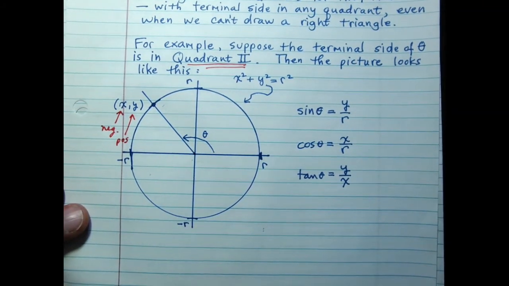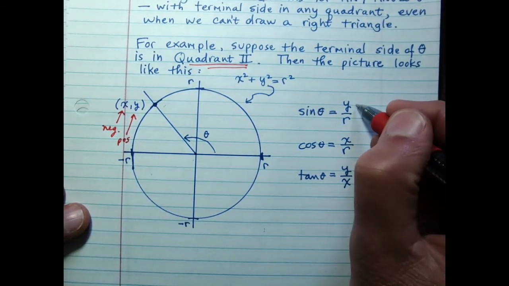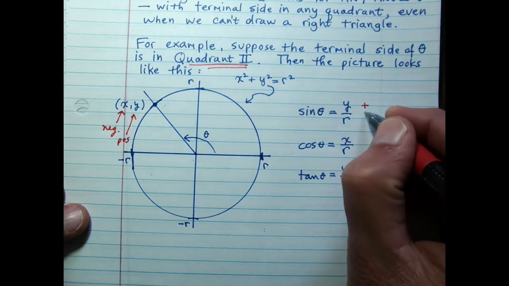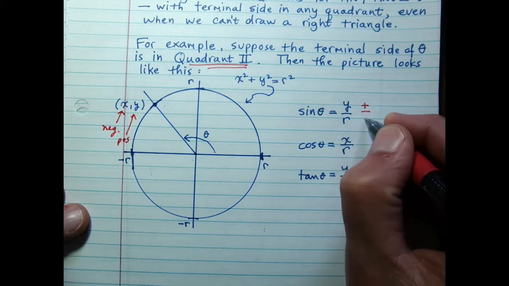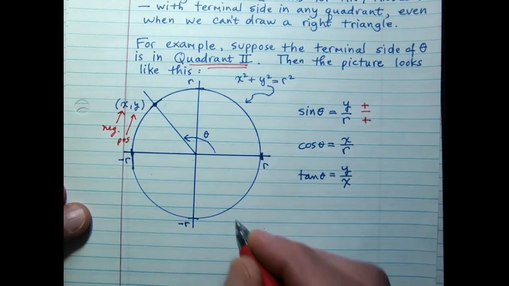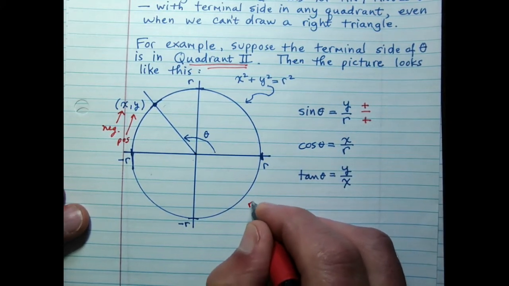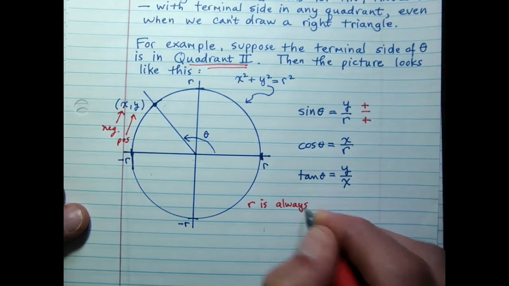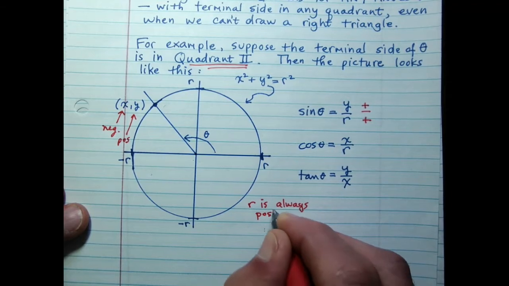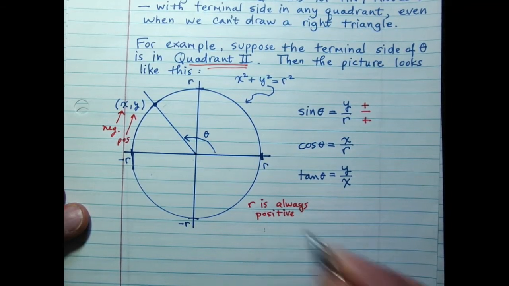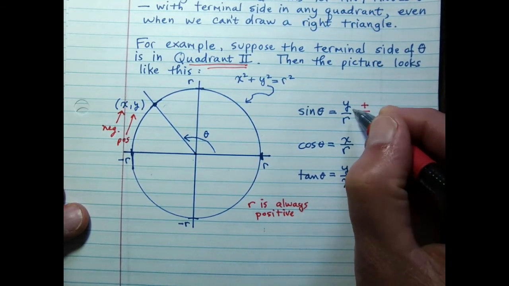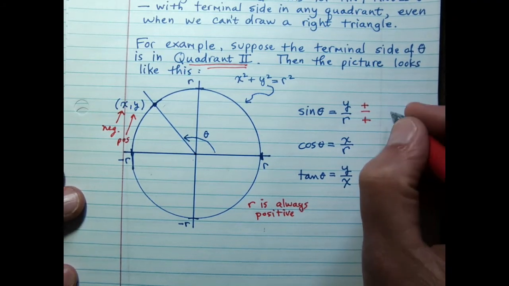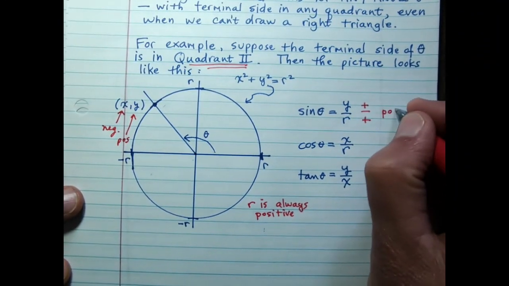So when I divide y by r, okay, let's see, y is positive. r is always positive. So here, y over r, positive over positive, we get a positive value.